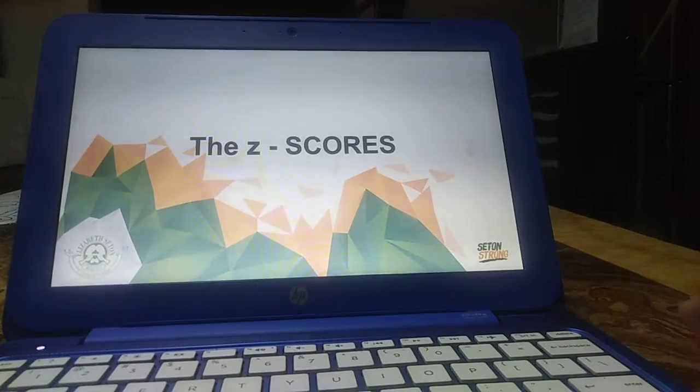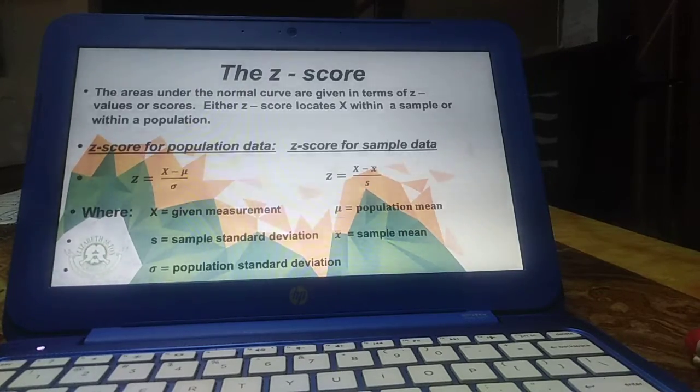Remember that the area under the normal curve is given in terms of z-values or z-scores. Either z-score locates x within a sample or within a population. To solve for the z-score for a population, we have the given measurement minus the population mean, divided by the population standard deviation.